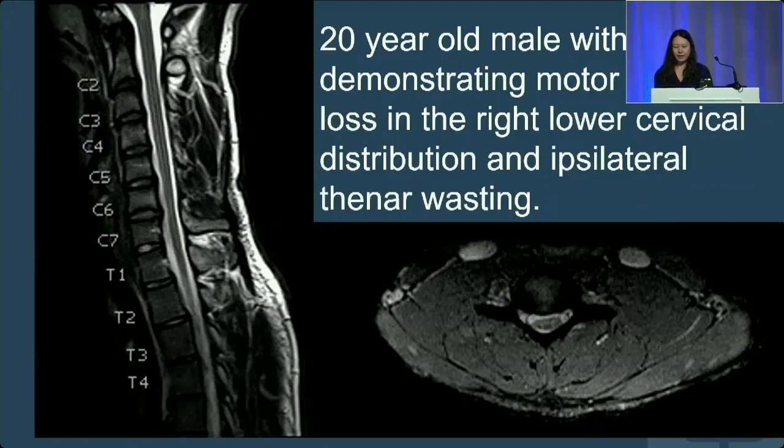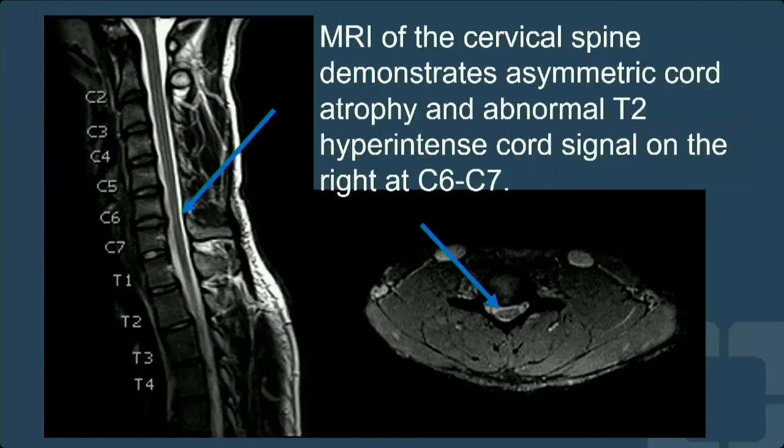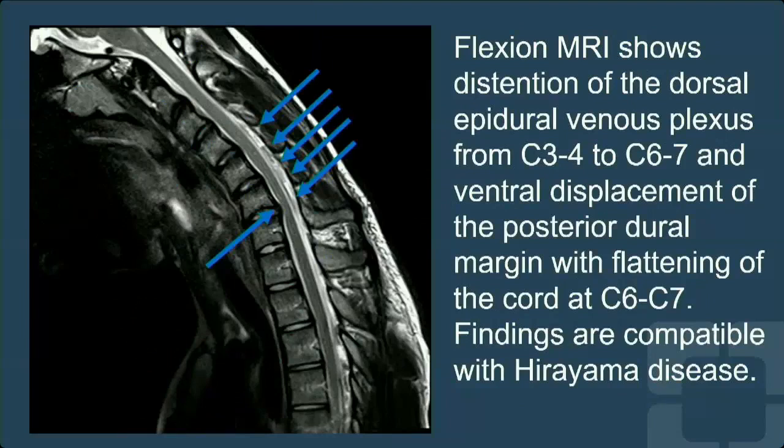This patient had abnormal atrophy of the right side of his cord. And he was 20 years old, pretty young. He had ipsilateral thenar wasting. This patient had a disease called Hirayama disease, where you can actually diagnose on flexion MRI, because when you have a flexion MRI, you can see that there's distension of the dorsal epidural venous plexus.